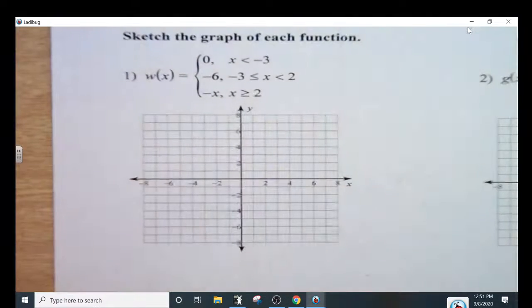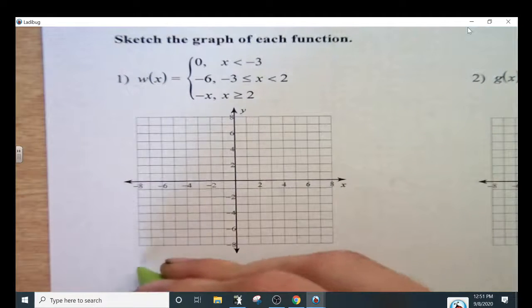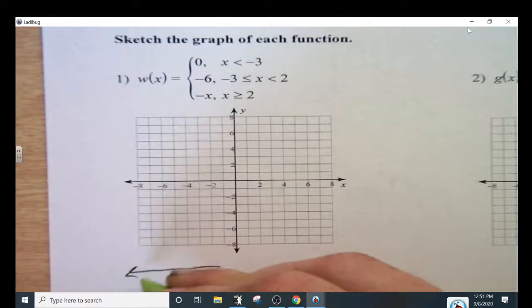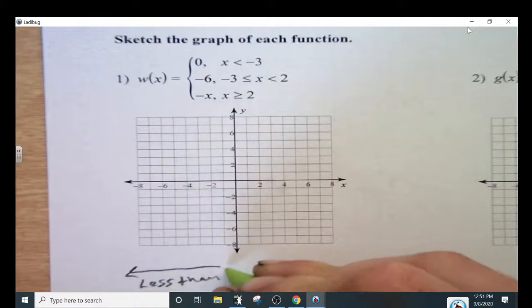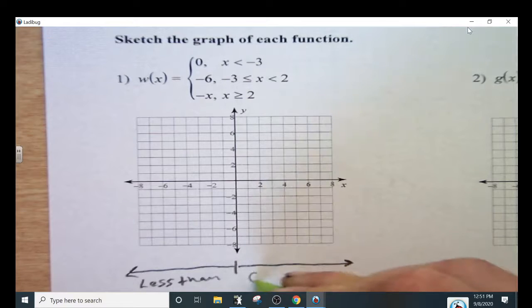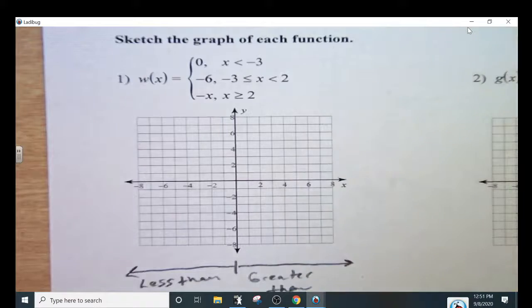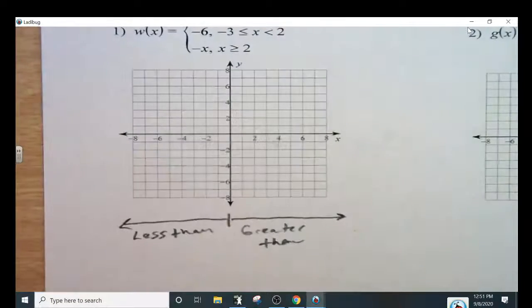I just want to break it up a little bit, okay? Now, remember, if it's less than, you graph left. If it's greater than, you graph right, okay?